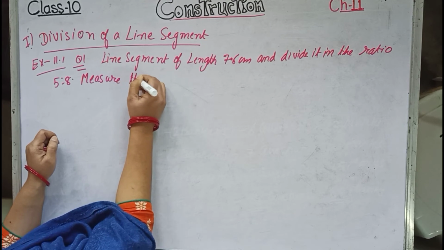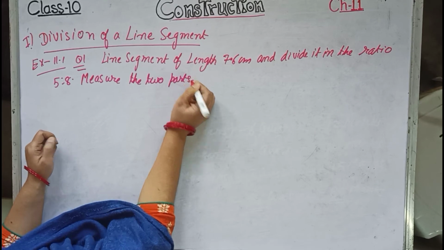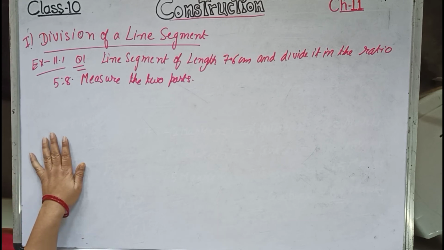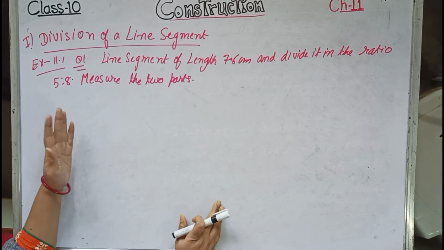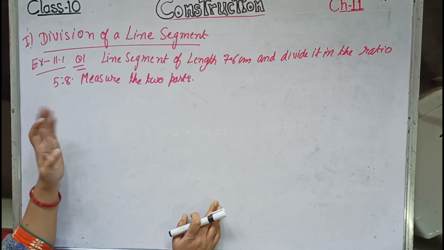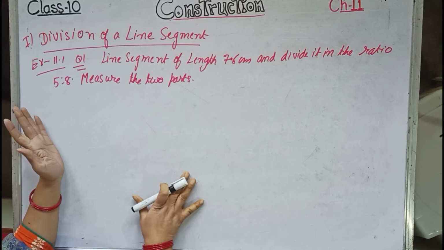Now children, sometimes in the construction it is asked to write the steps of construction. Sometimes it is not mentioned. But even if it is not mentioned, you write the steps of construction in the board examination, because for writing, marks will not be deducted.